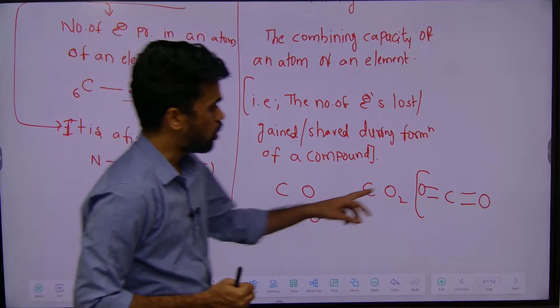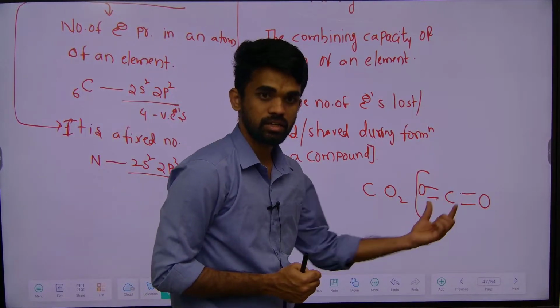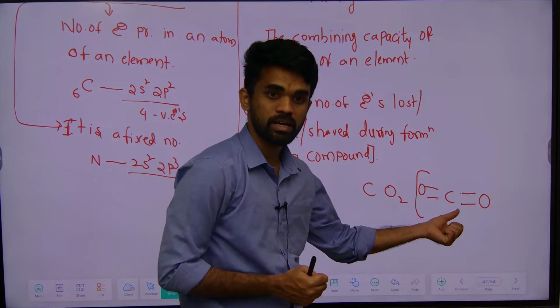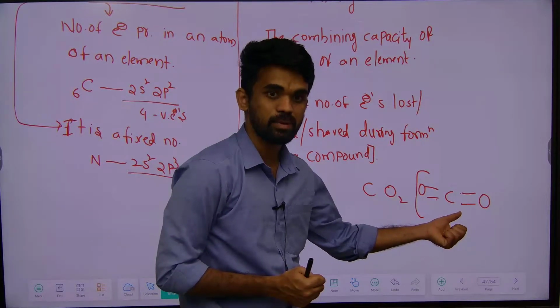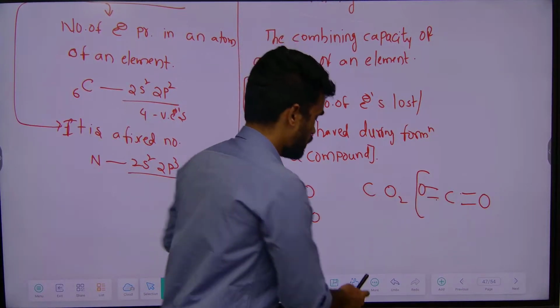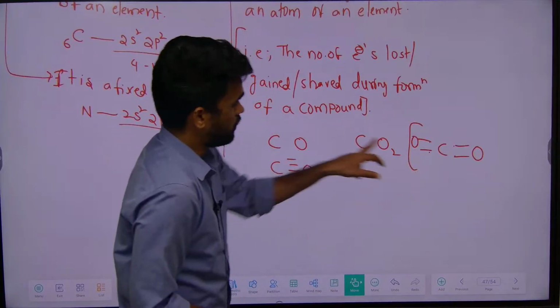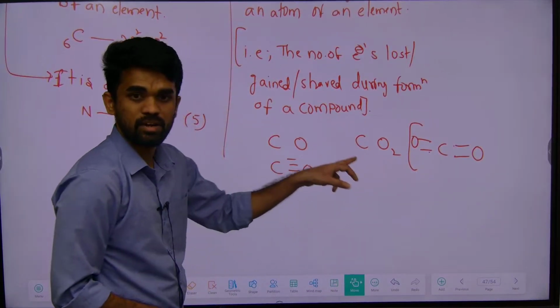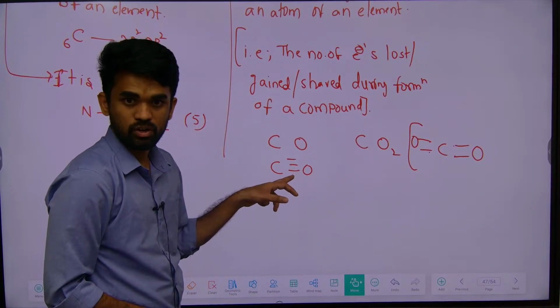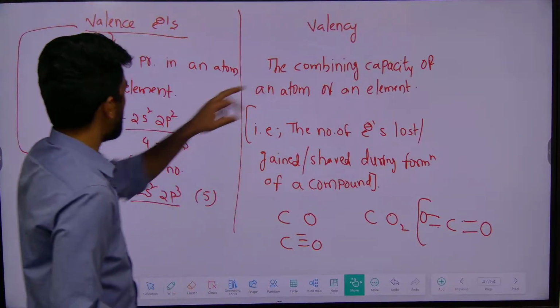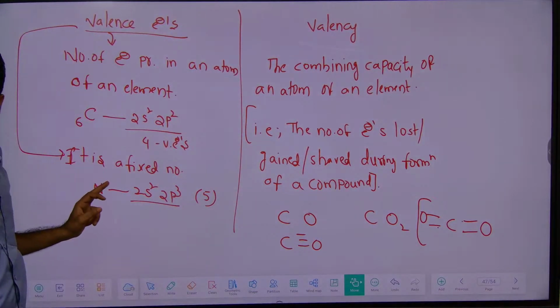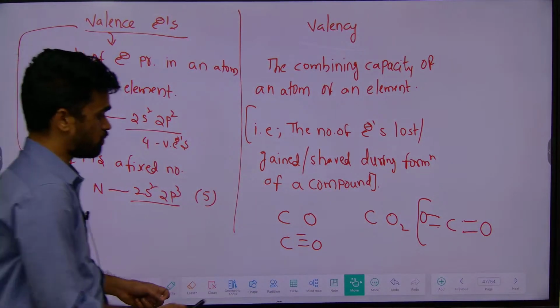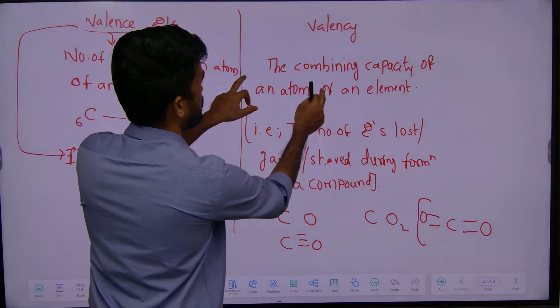Now how many electrons are shared here? 4 electrons are shared by the central carbon. So valency here becomes 4. Like that. Is the valency here and here the same or different? Different only. So valency cannot be fixed, but valence electrons are fixed. So I am writing one extra statement here.